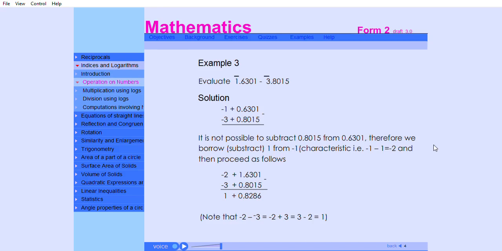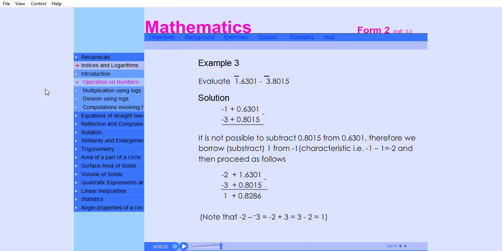It is not possible to subtract 0.8015 from 0.6301. Therefore, we borrow or subtract 1 from -1, the characteristic, that is -1 minus 1, which is equal to -2.